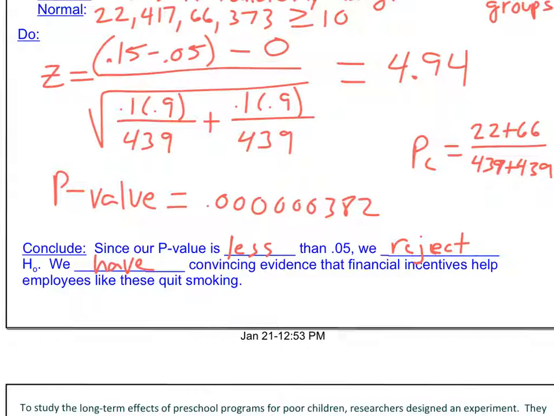We have convincing evidence that financial incentives help employees like these quit smoking. Okay, we factored in the whole random chance thing. We don't think it's that. The difference seems significant, that the money incentives made a difference.